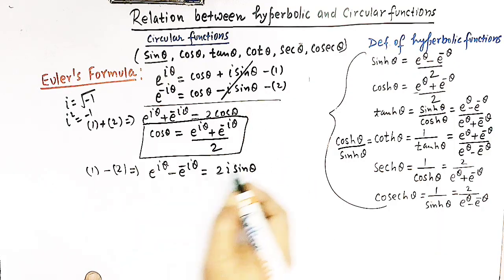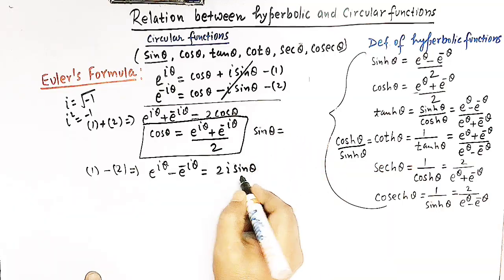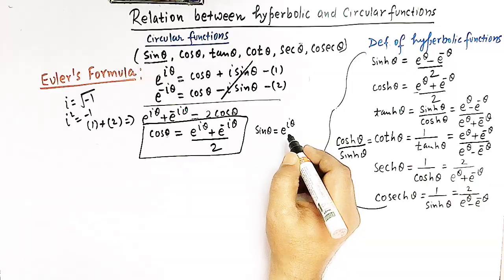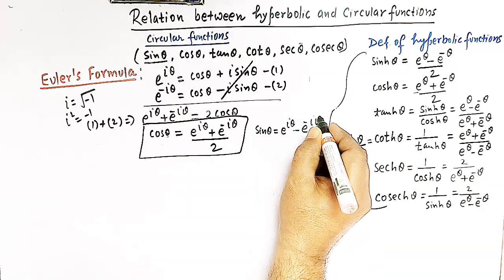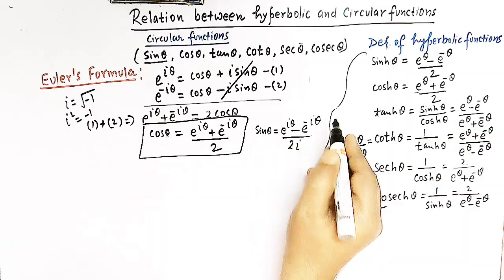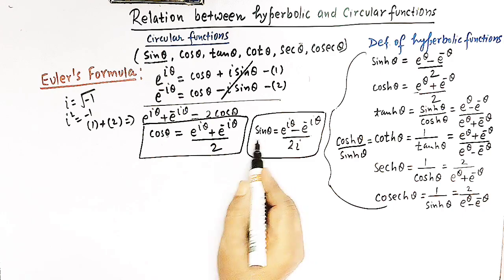So now we have another important result, that is sine theta is equal to e raised to i theta minus e raised to minus i theta over 2 times i. So this is the second important expression.